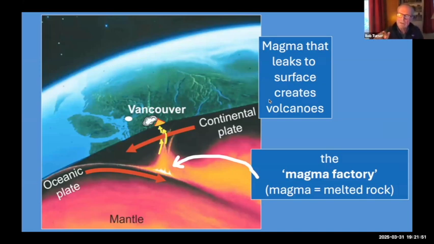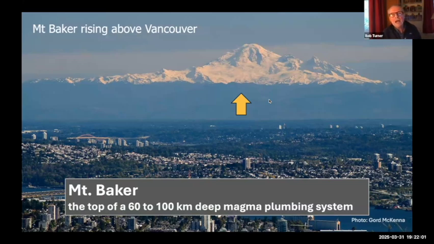But the two are very, very associated. And I sometimes think of granitic rocks as failed volcanic rocks. They just didn't quite make it to the surface. And so the next time you look at a Mount Baker or a Mount Rainier, think of it as just the very top end of a deep magma plumbing system that extends 60 to 100 kilometers deep into the earth.